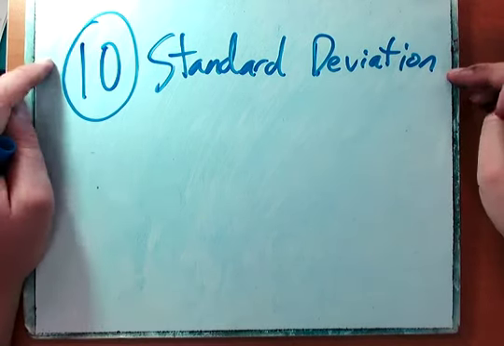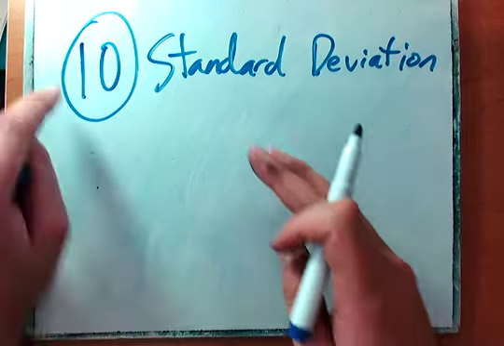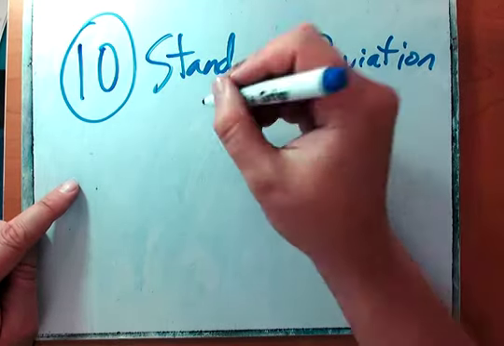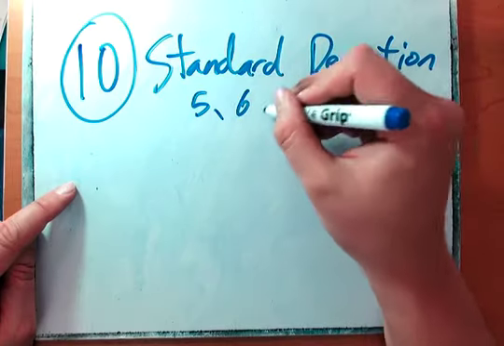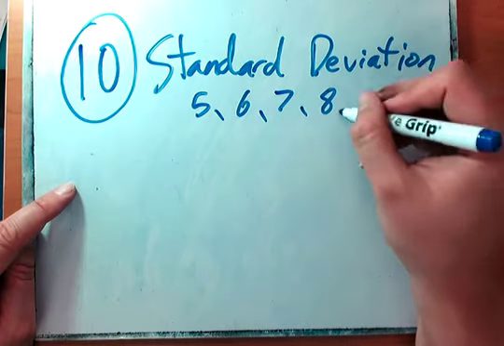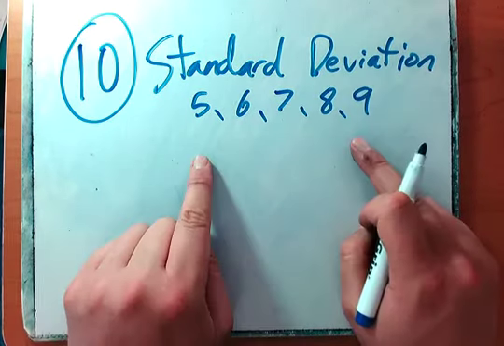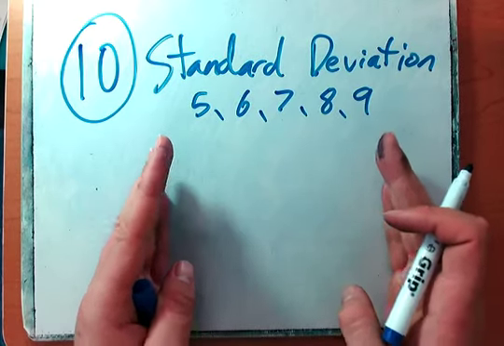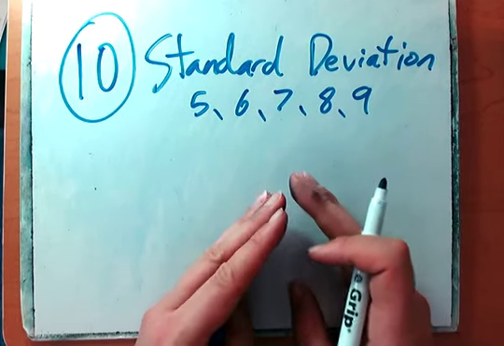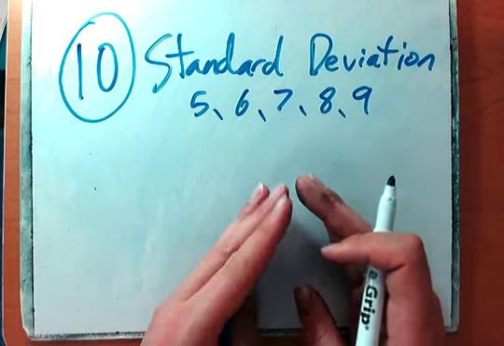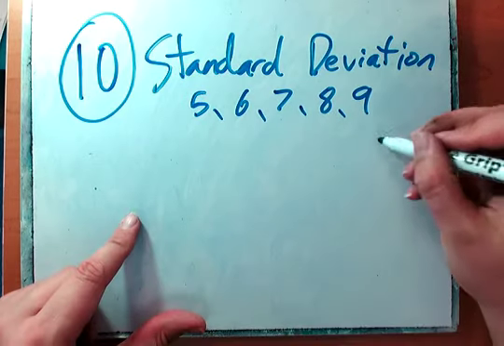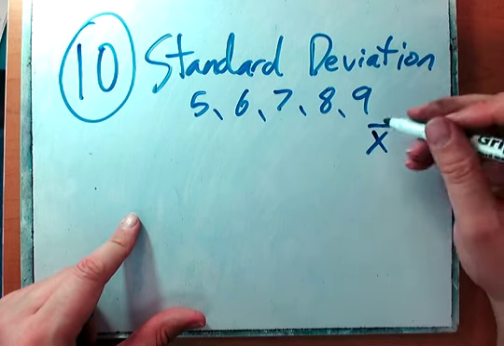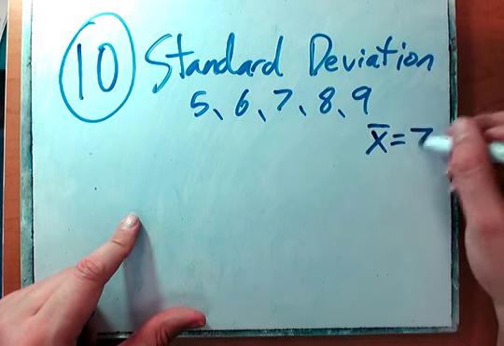Standard deviation is a measure of what is the spread out of any data set. And when I look at 5, 6, 7, 8, 9, there's a little bit of a spread there, but it's pretty tight. So I should expect to get a pretty narrow or small standard deviation. Now, how do I calculate the standard deviation? Well, I got to remember that my x bar, my mean, was 7.